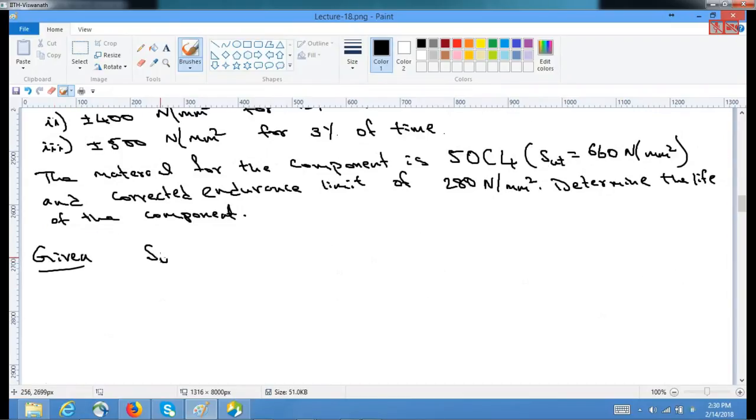SUT is equal to 660 Newton per mm square. SE is 280 Newton per mm square.